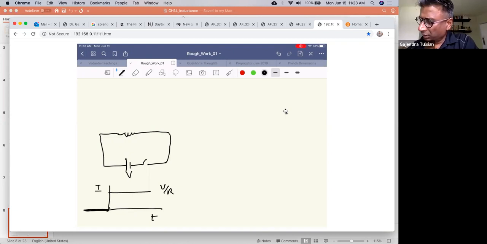Now here's the deal. What we're going to show you is what happens if you place an inductor. This is an ideal inductor.